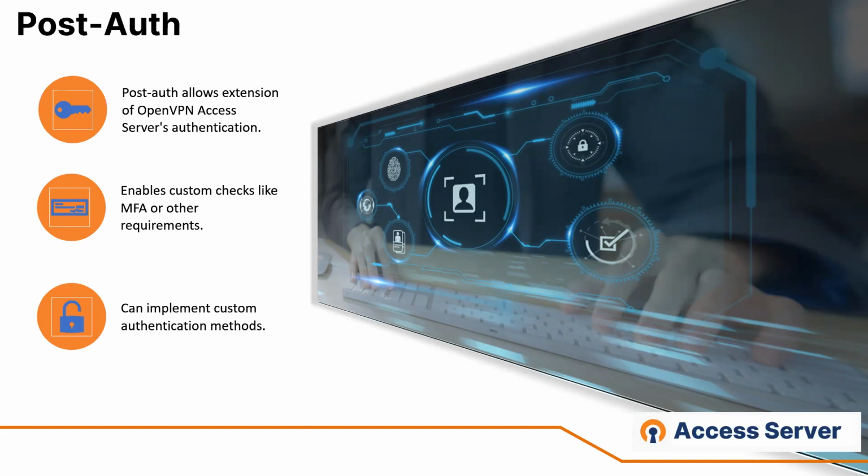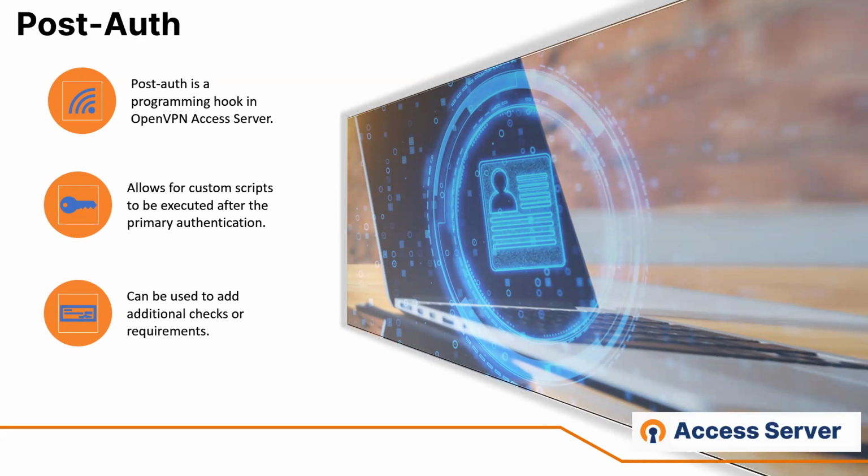Not only that, but it also offers the flexibility to implement your own custom authentication methods, as Johan just mentioned. So this feature basically ensures that our VPN connections are not just secure, but also tailored to our specific needs and based on our compliances and everything else. So let's explore this a little bit more in detail, so that you can get a little bit more familiar with this.